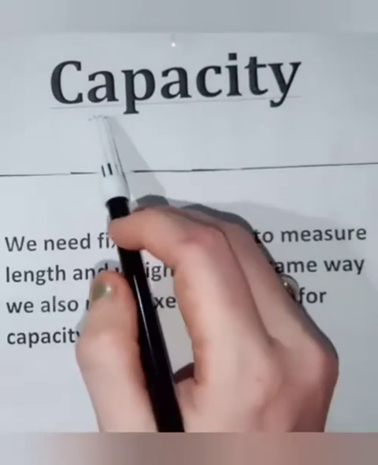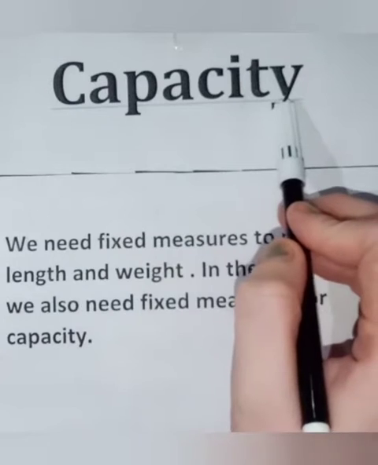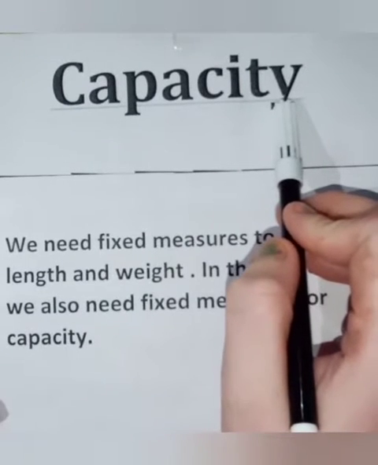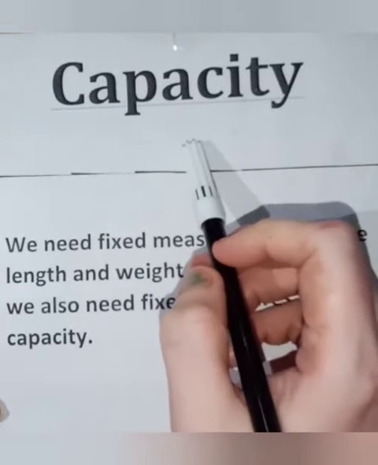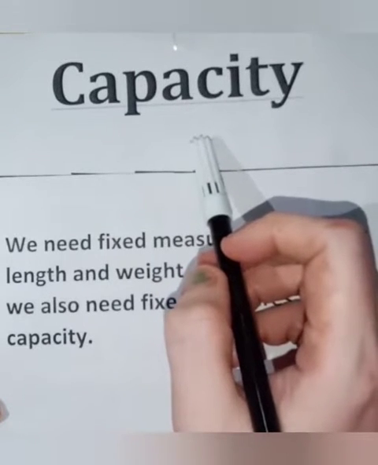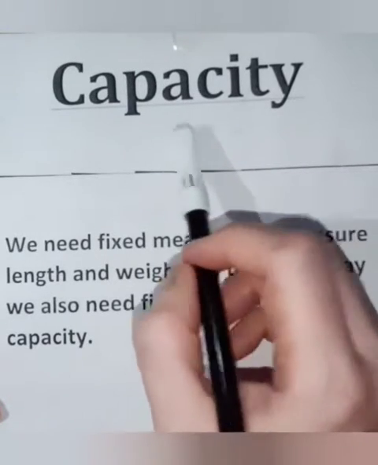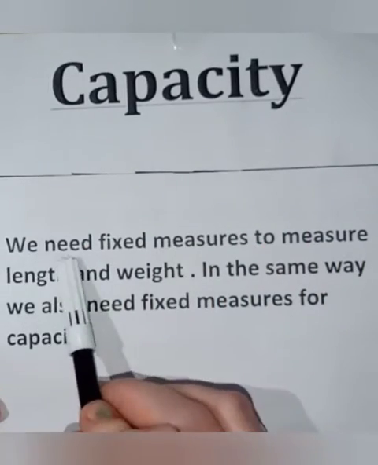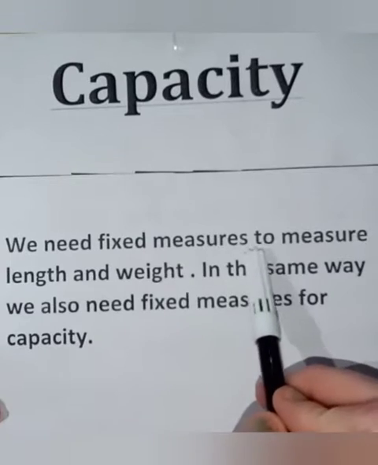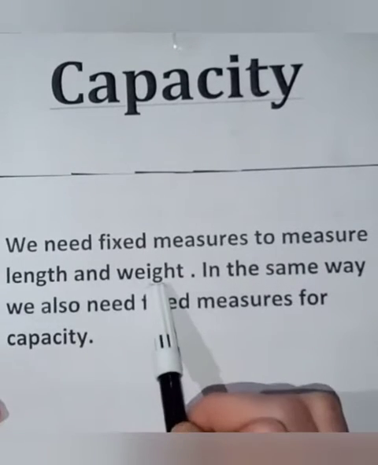Students, today we will study about capacity. In session 1, we have studied about length. In session 2, we have studied about mass. We need fixed measures to measure length and weight.